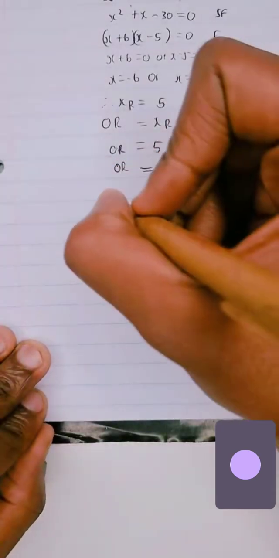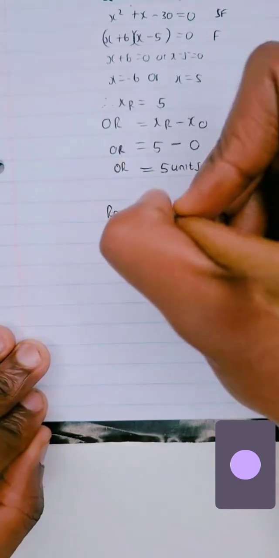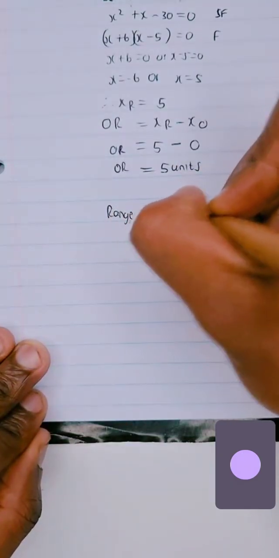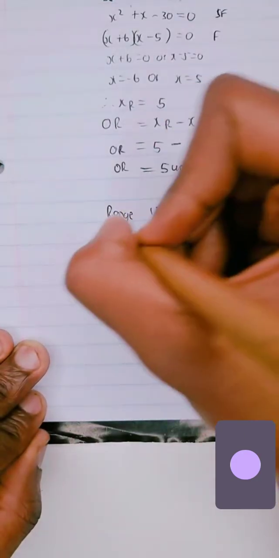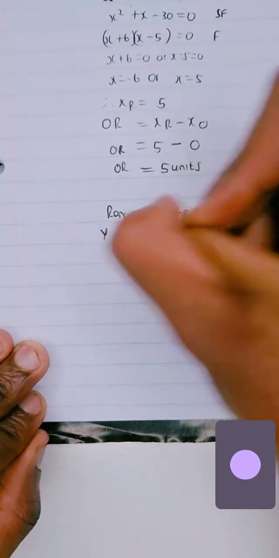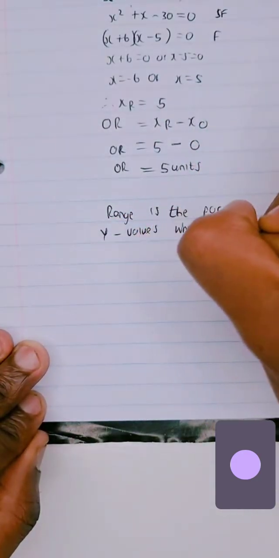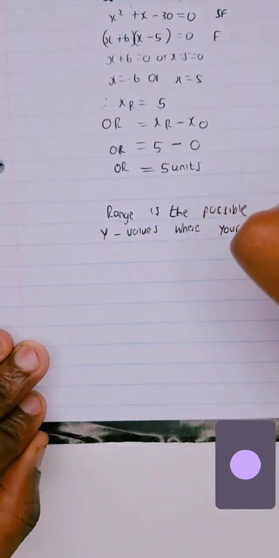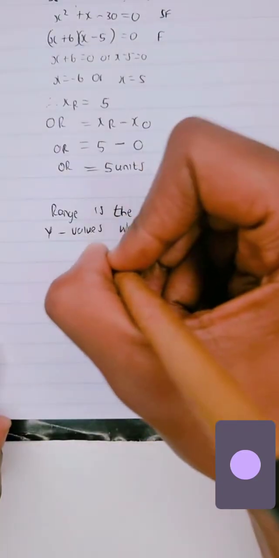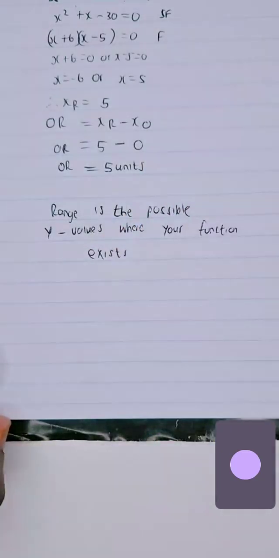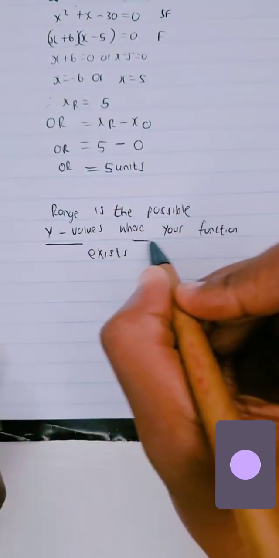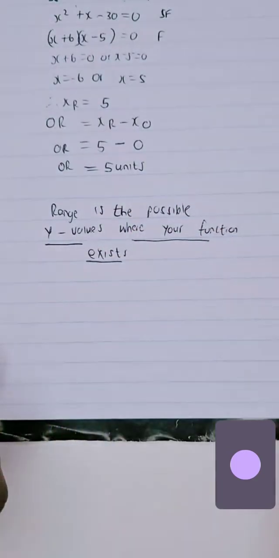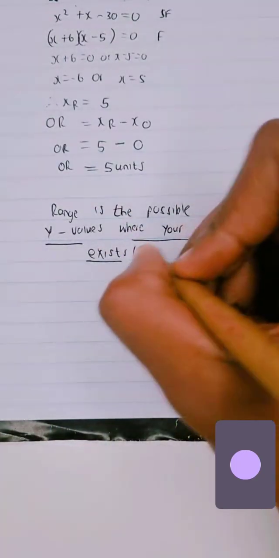So we usually say that range is the possible y values where your function exists, okay, or is defined.